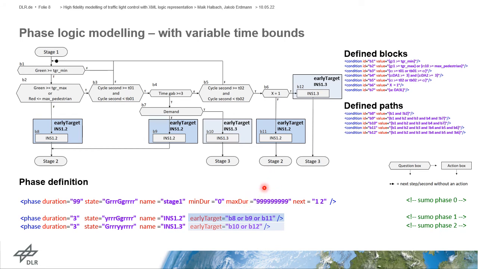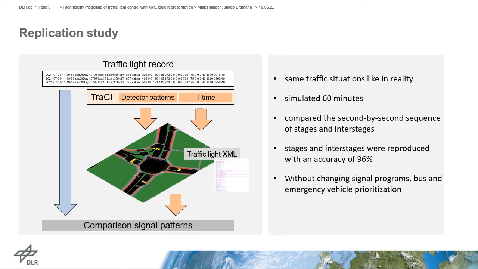This is everything I want to tell you briefly about phase modeling. Let's have a look at our replication study. We have modeled a signalized intersection out of Ingolstadt with our new configuration approach for the research project SafeNow. And with the aid of a traffic light record, we confronted the SUMO traffic light with the same traffic situations like in reality.